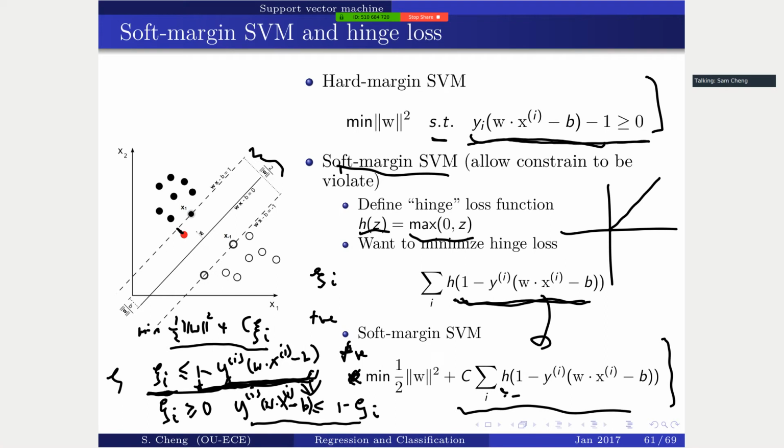I think when this is violated, my Ci will be forced to be equal to this guy, but it doesn't look like it.